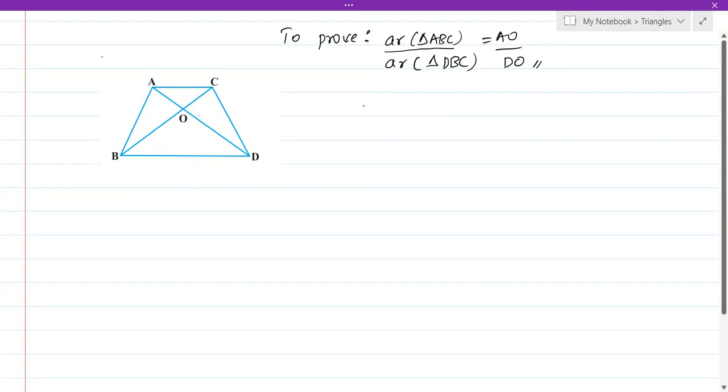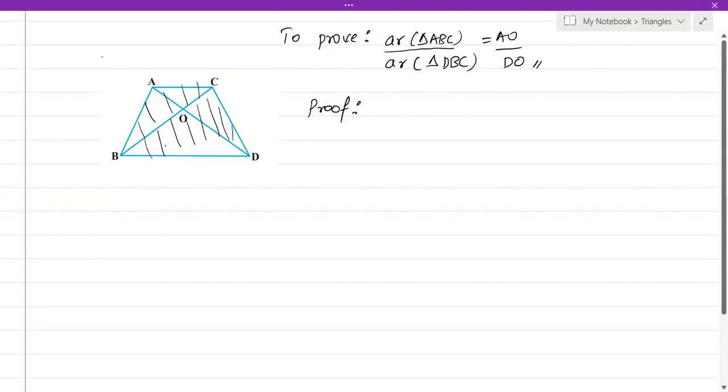Okay. Now, let's start with the proof. Are these two triangles, triangle ABC and triangle DBC, similar? No, they have not given anything about the similarities. So let's try to prove it. ABC is this triangle, let me shade it, and DBC is the one which is below.